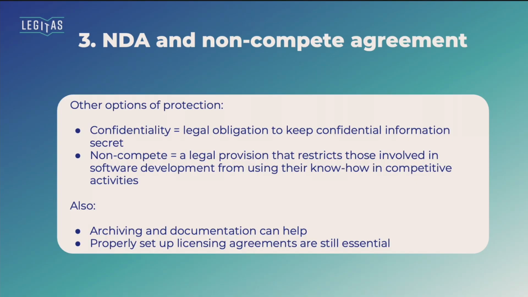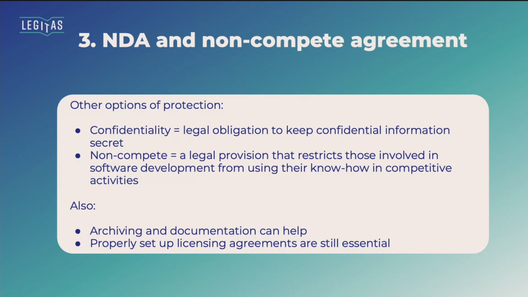I want that person obligated even after we terminate our contractual relationship, and I want them to keep all the information secret, even for eternity. So these two are the main other forms of protection of that software.